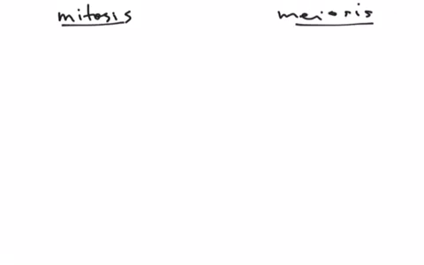Let's have a quick look at some of the key differences between mitosis and meiosis. So, in mitosis, 2 daughter cells produced, each of them diploid, same as the parent cell.